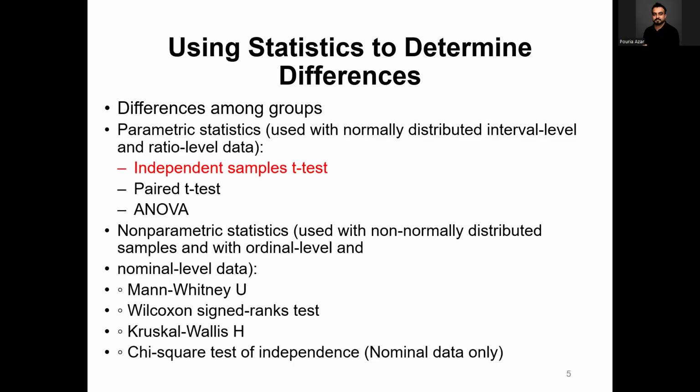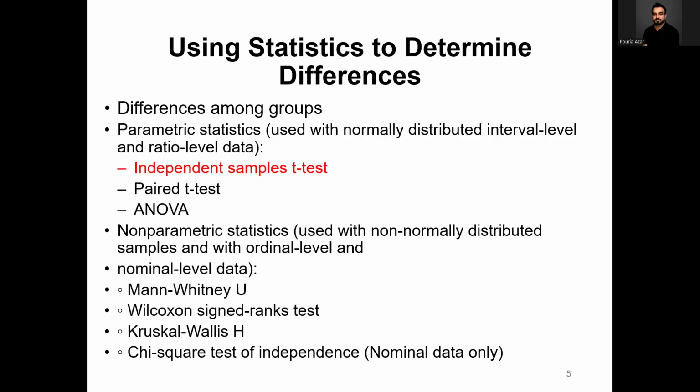And these tests, these t-tests and ANOVA, they have also non-parametric statistics versions. So in cases the assumptions are not met, then we can switch over to non-parametric statistics, including Mann-Whitney U-test, Wilcoxon signed rank tests, Kruskal-Wallis test, and chi-square.